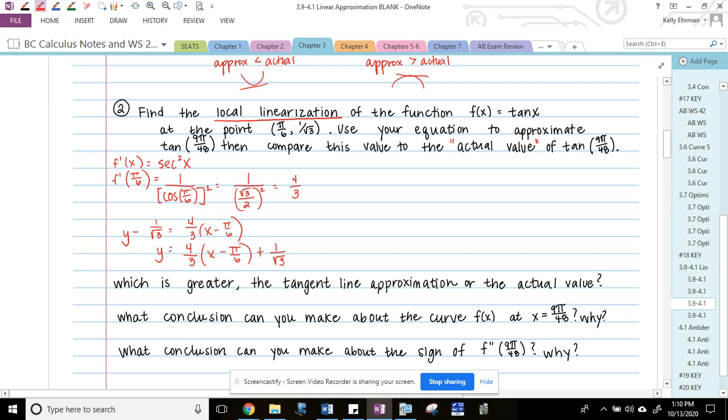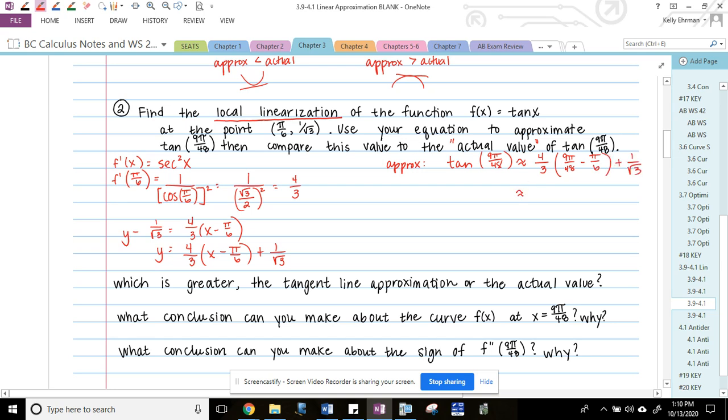So the approximation, I would write it like this, tangent of 9 pi over 48. You want to show that it's approximately equal with the little squiggly equal sign. And then I would just show that I'm plugging in 4/3 times 9 pi over 48 minus pi over 6 plus 1 over radical 3.